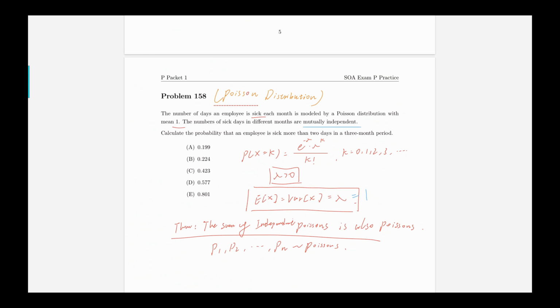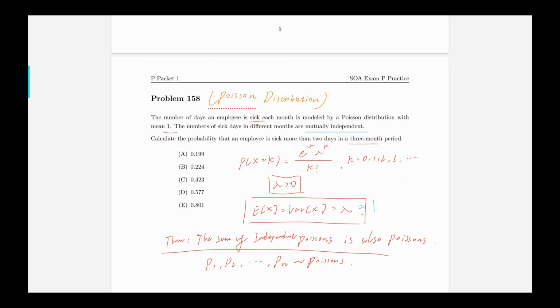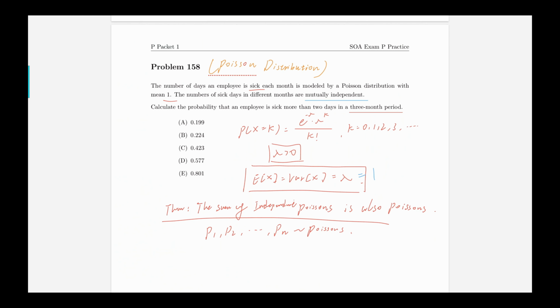Okay, so we want to calculate the probability that an employee is sick more than 2 days in a 3-month period. Notice that this is a 3-month period. Let's get our variables together.